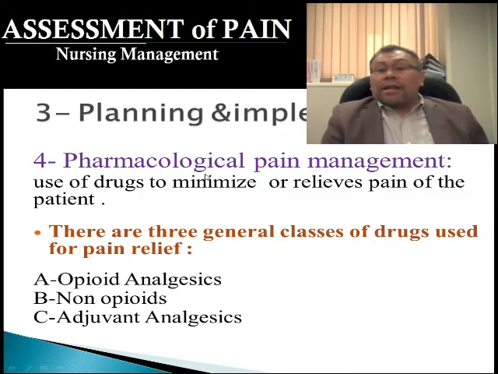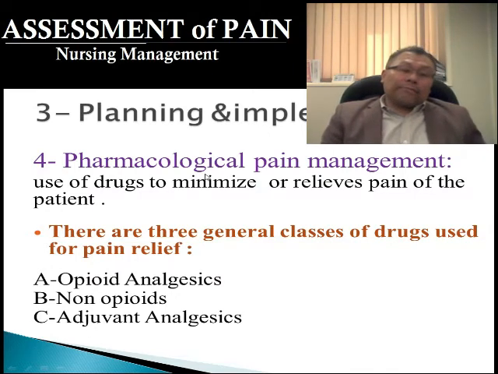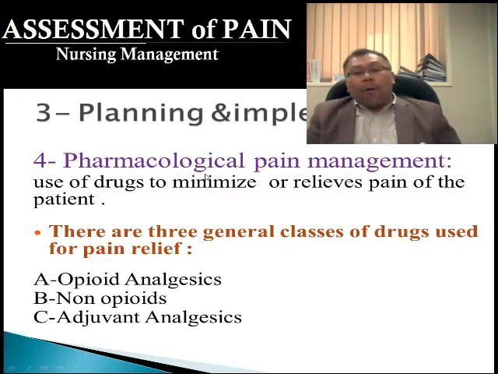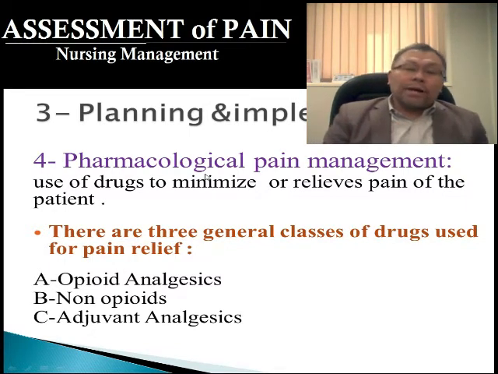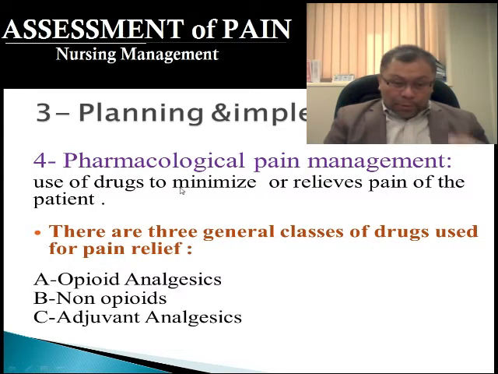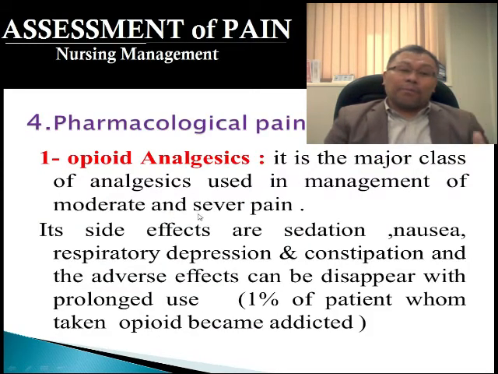There are three general classes of drugs used for pain relief. We have the opioid analgesics, we have the non-opioids, and then we have the adjuvant analgesics. So this is the time you are going to use your pharmacology 1 and 2 courses. Study, now we have drug study on this one.